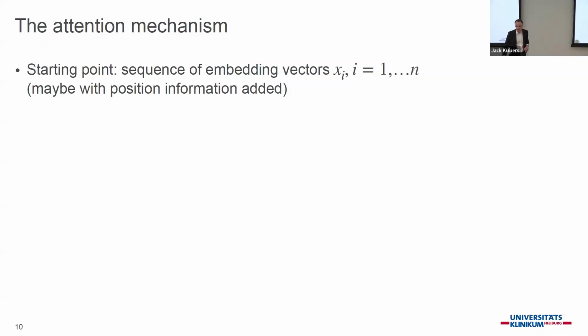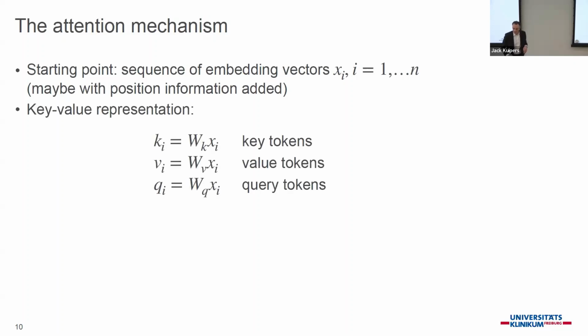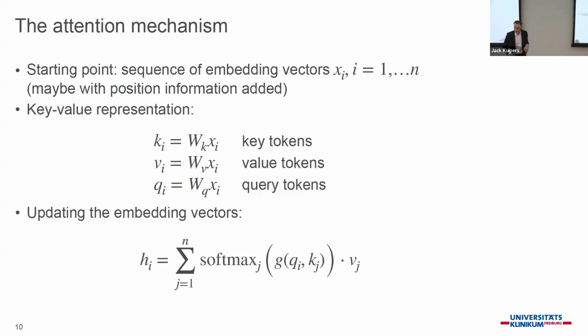First, the sequence elements, which are typically called tokens, have to be mapped into a vector space, that is the embedding vectors. And what you simply do is you do some transformations on these. There are key tokens, so-called value tokens and query tokens, and then you multiply all this together. And in essence, it isn't actually very complicated.